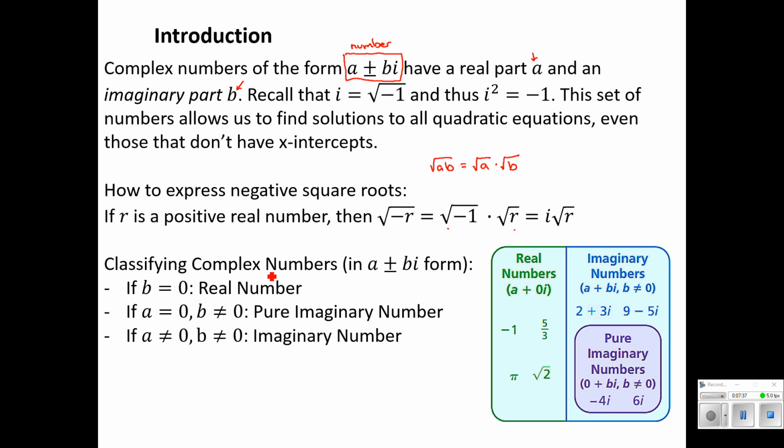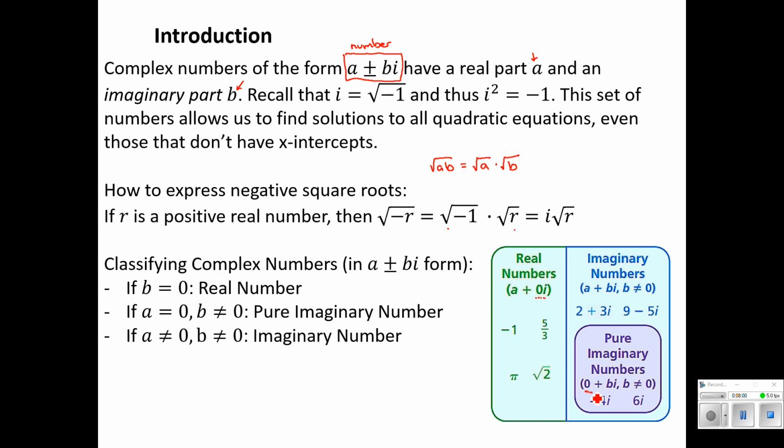All right, so the different complex numbers, well, if we have b equaling 0, that means there is no imaginary part. So it's all a real number. And here they've given us some examples of real numbers. If a equals 0 and b does not equal 0, we have what are called pure imaginary numbers.